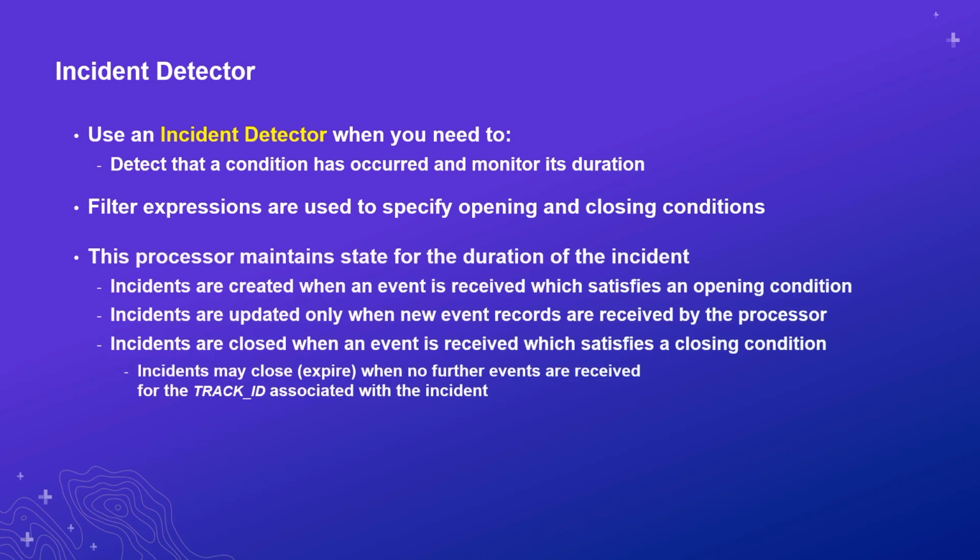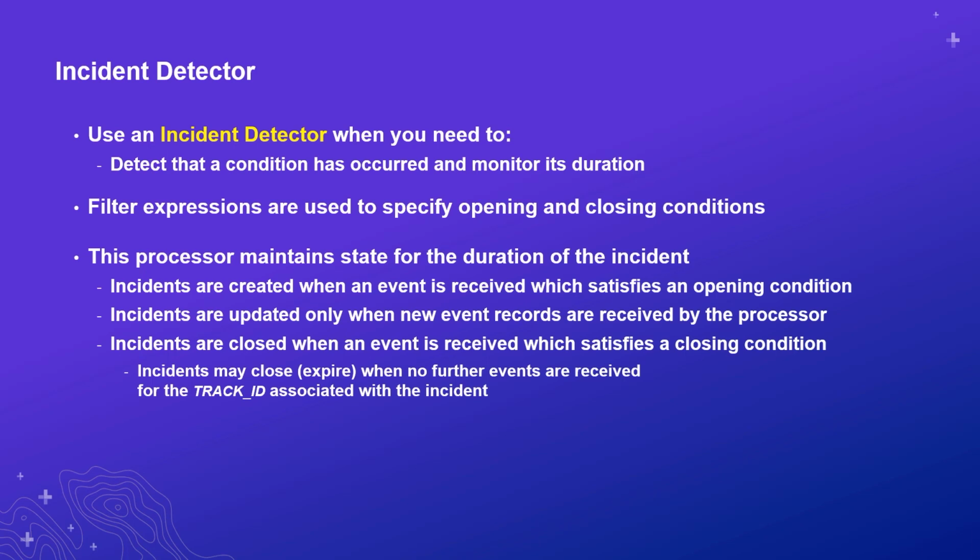Because this processor maintains state and updates incidents it creates based on event data it observes, you should be familiar with the life cycle of an incident. An incident is created when an event record is received which satisfies an incident detector's opening condition. An incident is only updated as subsequent event records are received by the processor, allowing it to check if the opening condition is still satisfied.